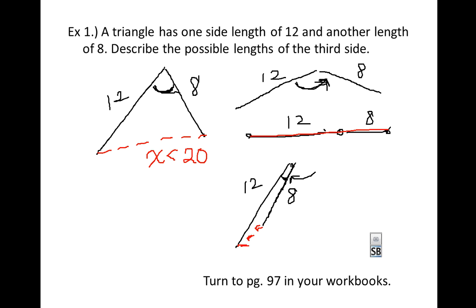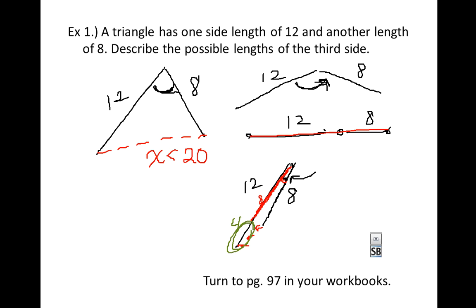Eventually, if I bring this in all the way, that 8 will line up with the 12, and a triangle wouldn't exist. Again, you have a linear case or a degenerate case. But you would have this little piece left over, which happens to be 4.